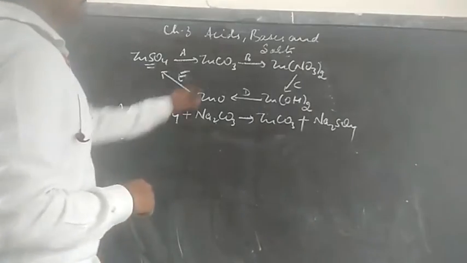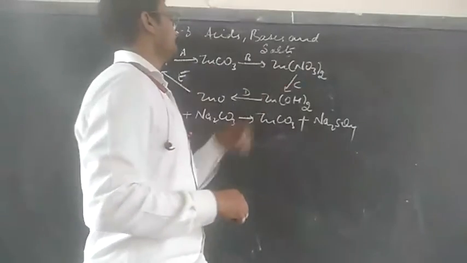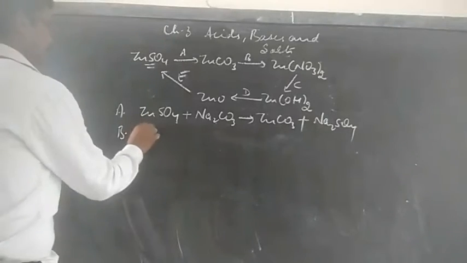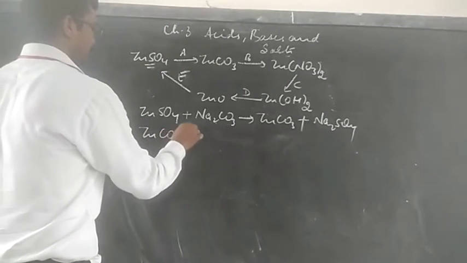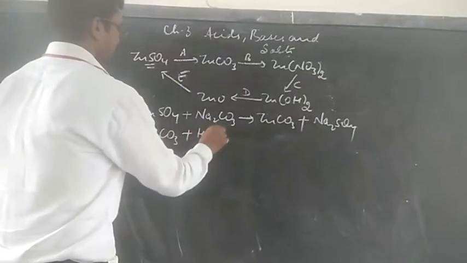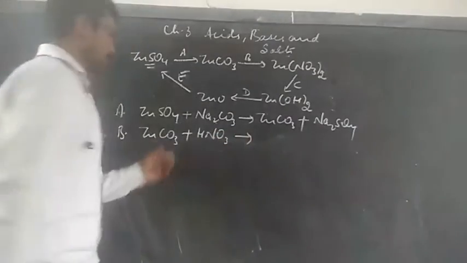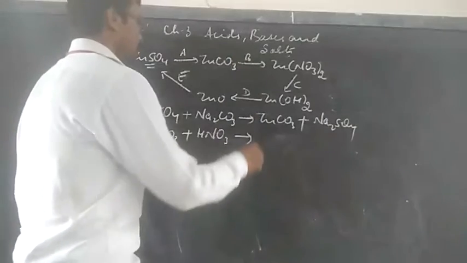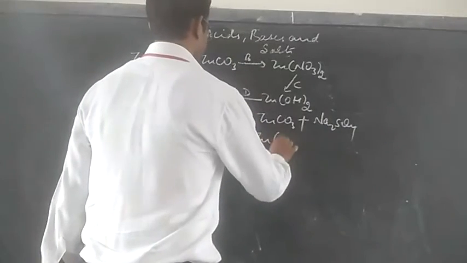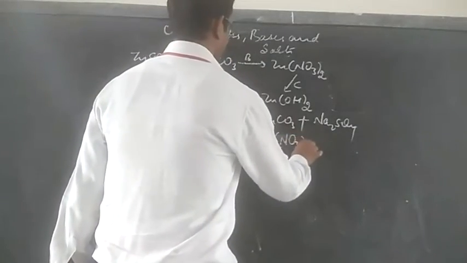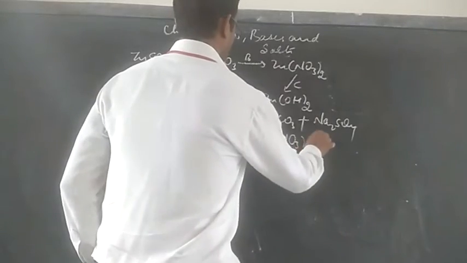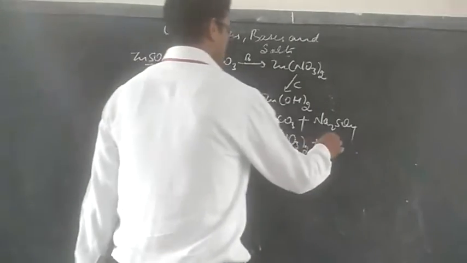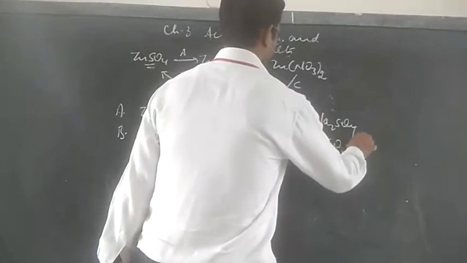Number B, from zinc carbonate to zinc nitrate. To zinc carbonate we can add nitric acid, because carbonate on reacting with nitric acid will give zinc nitrate plus other products. So we have zinc nitrate plus CO2 plus H2O.